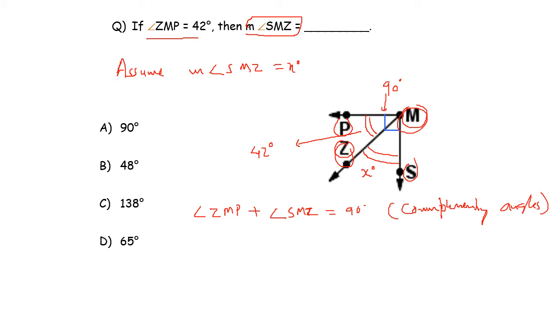Angle ZMP is given to be 42 degrees as per the question. Angle SMZ you have just assumed X, and the sum is 90. Therefore, X equals 90 minus 42, and that equals 48 degrees. 90 minus 42 is 48. So B is the correct answer.